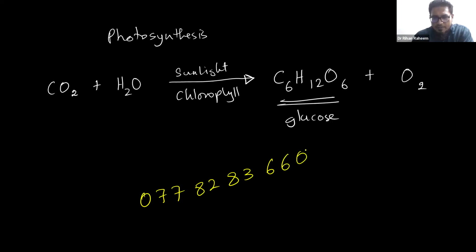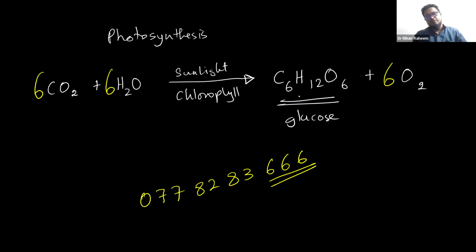Remember the last three sixes. You put 6 to the carbon dioxide, 6 to the water, and 6 to the oxygen. Both sides of the equation are balanced. So the photosynthesis equation can be balanced using my phone number.